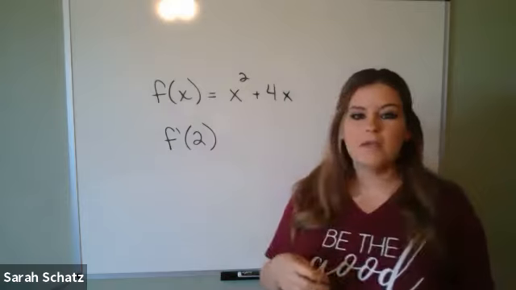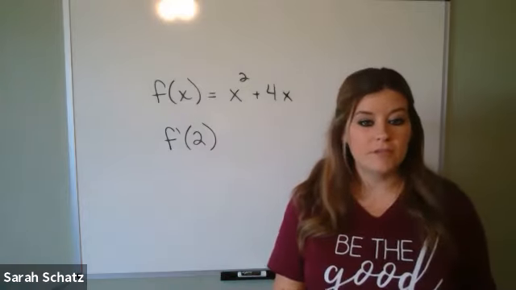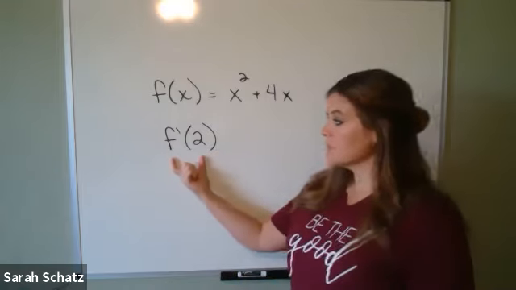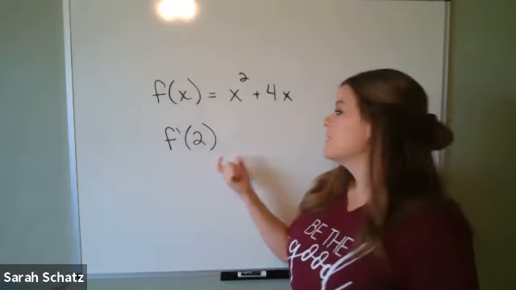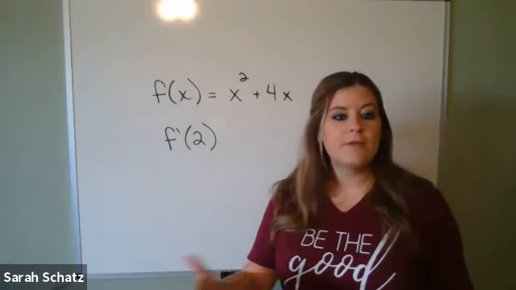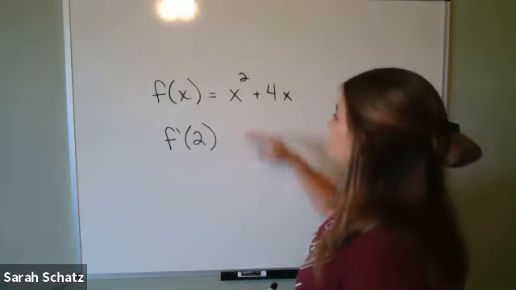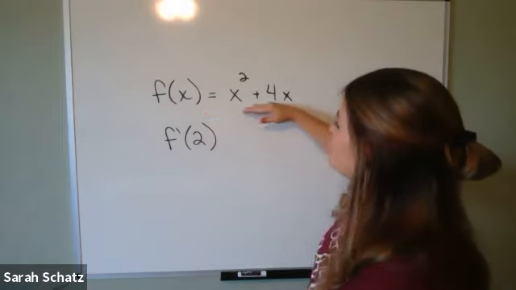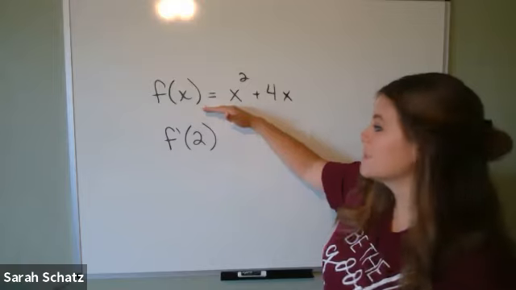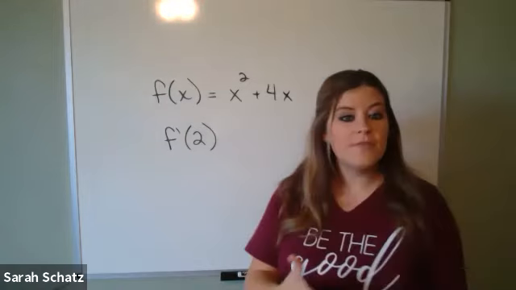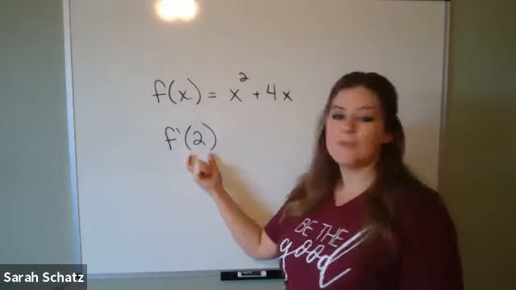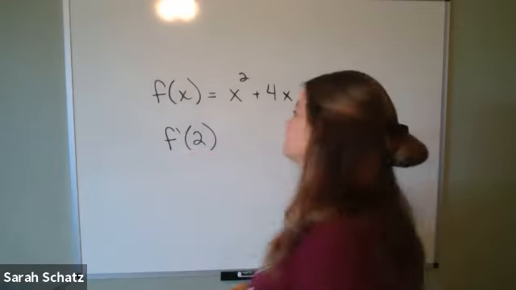I know we're getting used to the derivative notation, so I want to make sure we understand that when it asks for something like this, that's the derivative evaluated at 2. So you could find the derivative of this problem using that definition that we did last time. And then once you get that, remember that's going to have an x in it. You put the 2 in for the x.